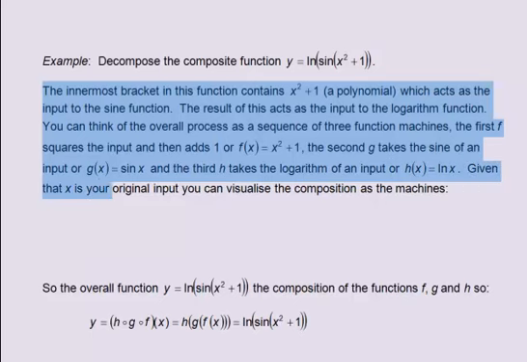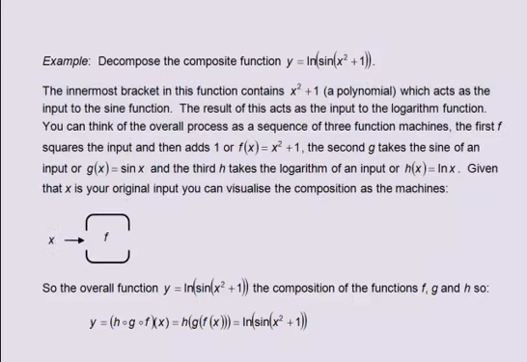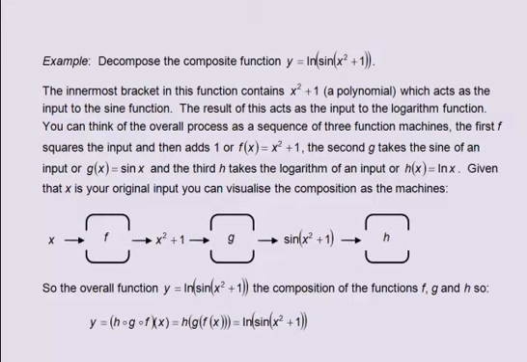Given that x is your original input, you can visualise the composition as the machines. x acts as the input to f, which results in the output x squared plus 1. This in turn acts as the input to g, which gives the output of sine of x squared plus 1. And this in turn acts as the input to h, which gives an output of the final function, the natural logarithm of the sine of x squared plus 1.